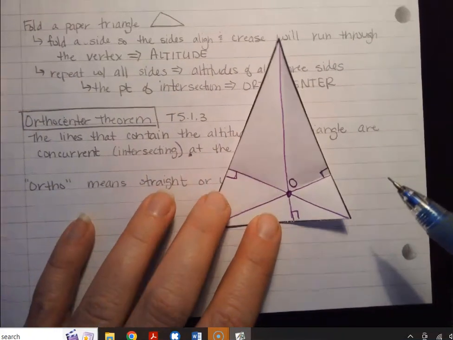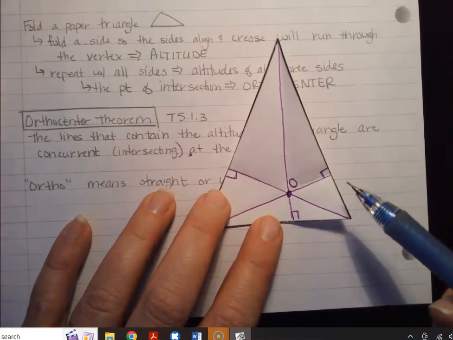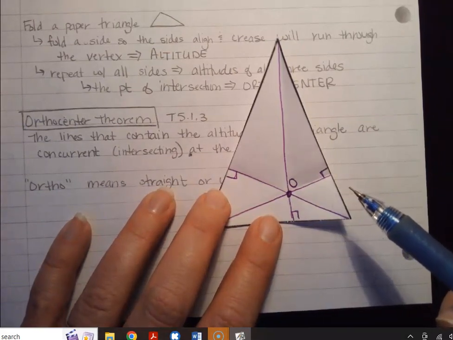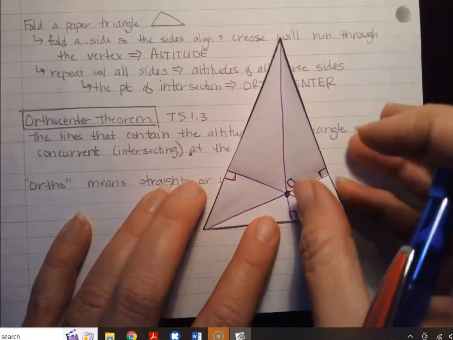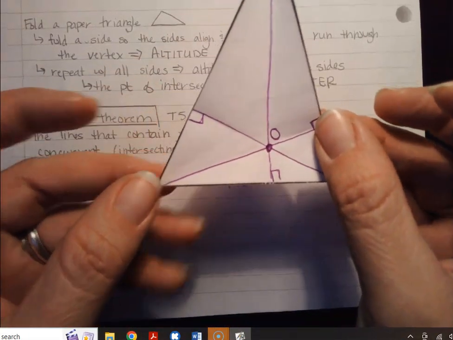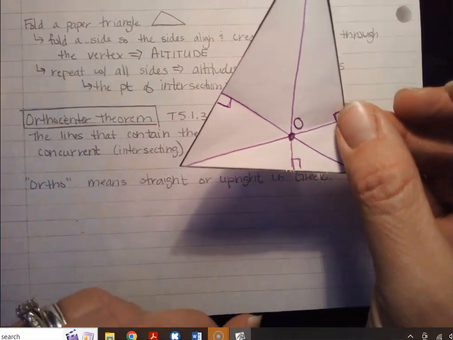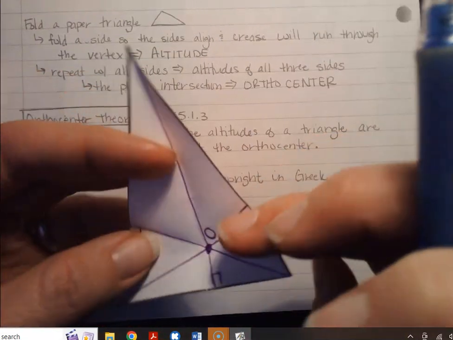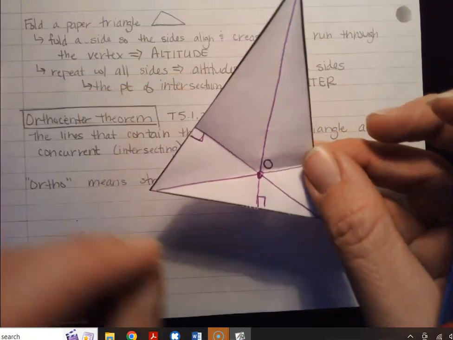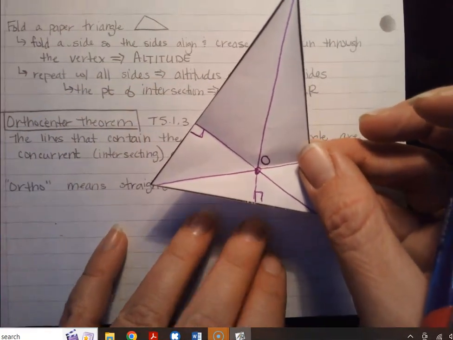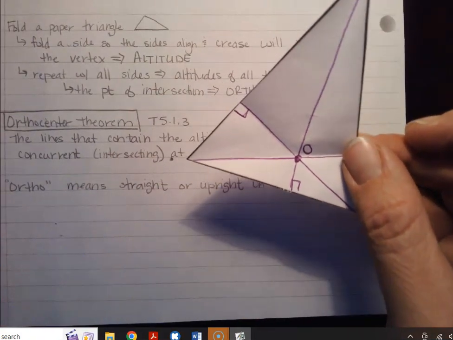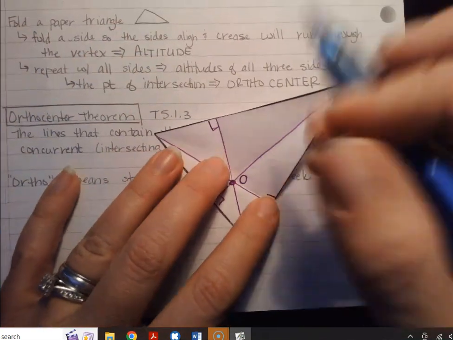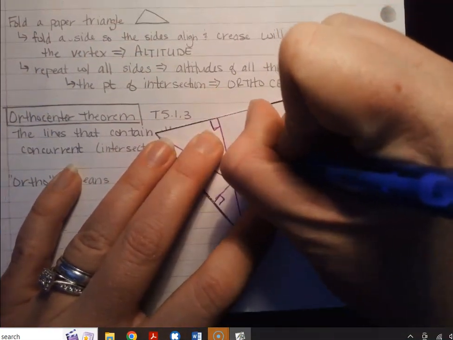So how many altitudes did we fold? On the last triangle we did here, how many altitudes did we fold? We folded it 1, 2, 3 times. So how many altitudes did we get? Like this is an altitude.